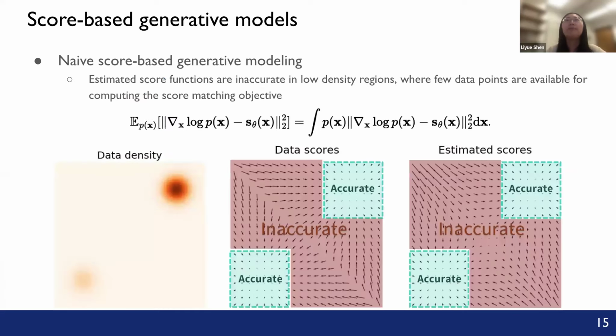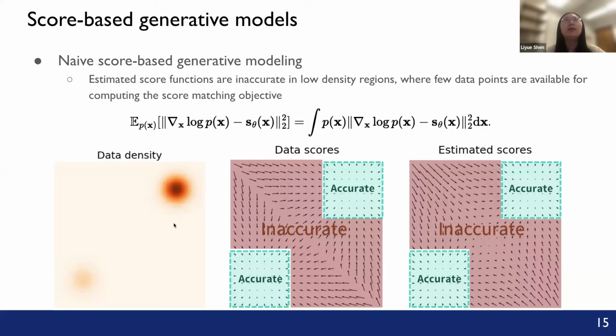What is the reason for that? In this tutorial, the author gives a very intuitive explanation. It's because the score function, especially in low density regions, cannot be estimated very accurately. As shown in this figure, we have two Gaussian modes and samples from the whole distribution.